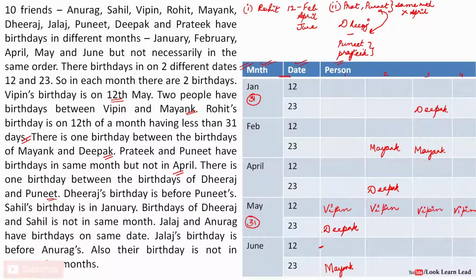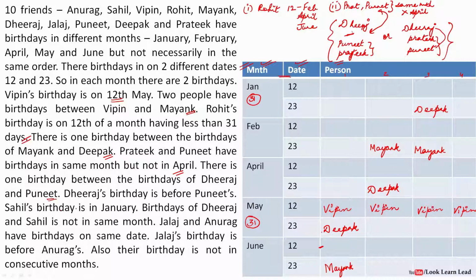It can be like Dheeraj, Pratik, Puneet. Pratik and Puneet are on the same month, and between Dheeraj and Puneet there is a gap of 1. So these two things can be there. It is like Dheeraj's birthday is before Puneet.